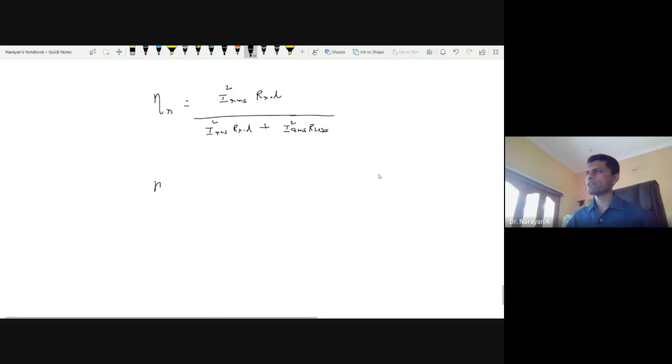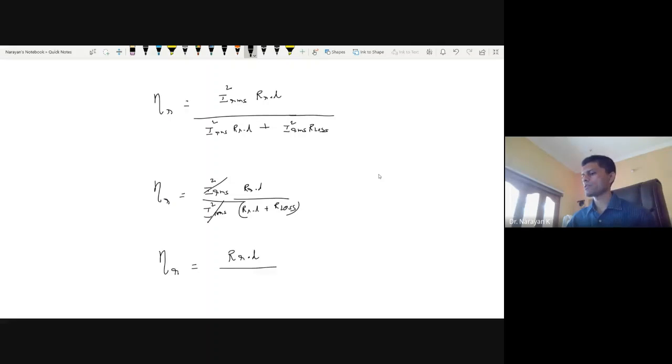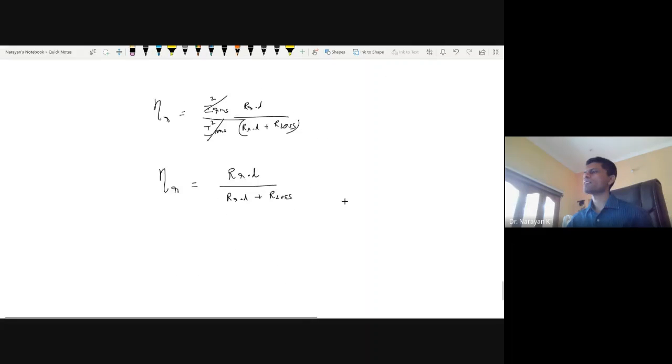I can take I square RMS outside, so it is I square RMS into radiation resistance divided by I square RMS times radiation resistance plus loss resistance. I square RMS will get cancelled. So the radiation efficiency of the antenna is equal to radiation resistance divided by radiation resistance plus loss resistance.